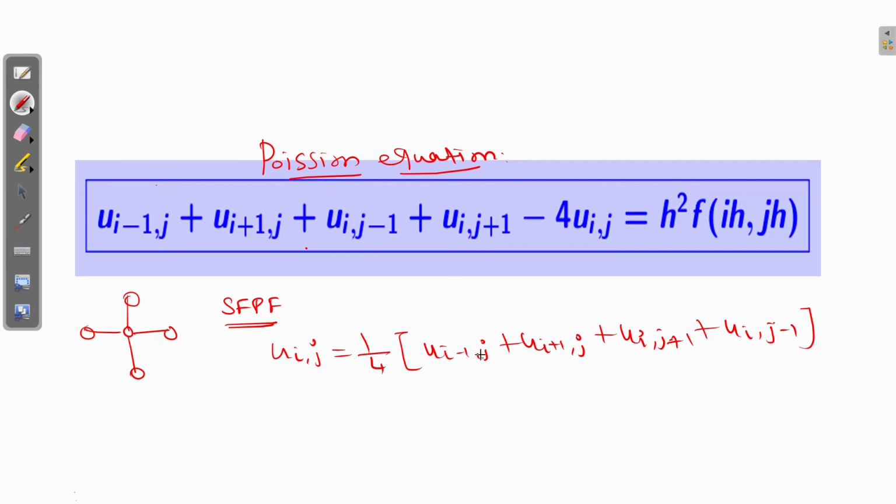Look at that: both are exactly the same. These four values are the same.